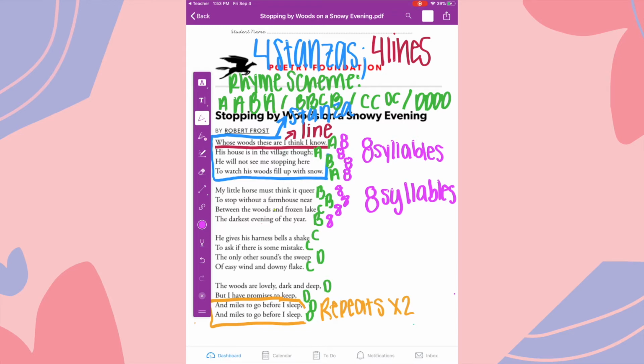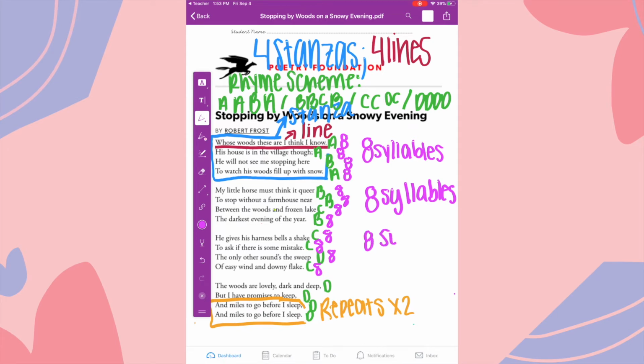"He gives his harness bells a shake." 8. "To ask if there is some mistake." That's going to be an 8. "The only other sounds the sweep of easy wind and downy flake." 8.